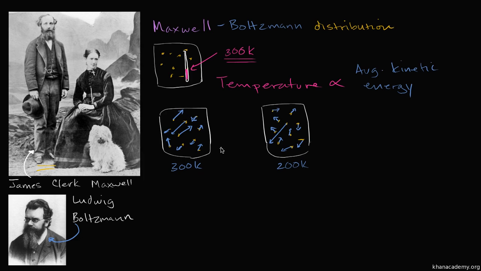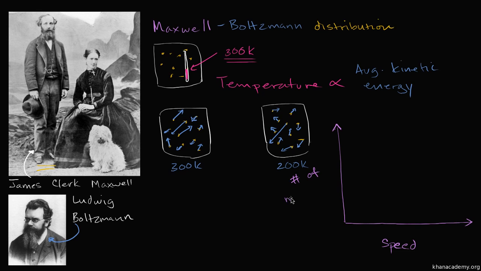And we can actually draw a distribution. And this distribution, that is the Maxwell-Boltzmann distribution. So let me draw a coordinate plane. On this axis I'll put speed, and on this axis I would put number of molecules.